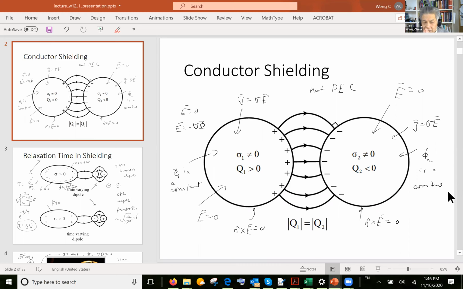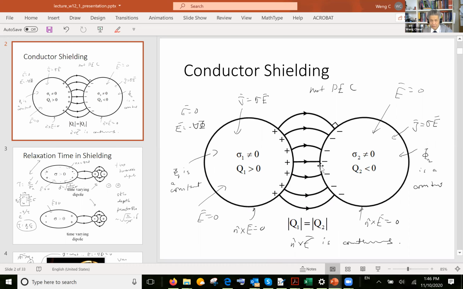What is the boundary condition that we have on the electric field from Maxwell's equations, irrespective of the frequency? We have a boundary condition from Faraday's law, which says that N cross E is continuous. Since the electric field is 0 inside this conductor, N cross E must be 0 at the surface.